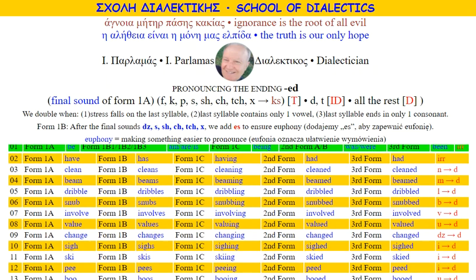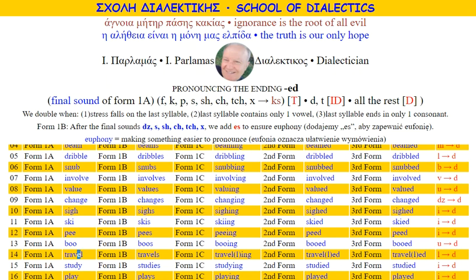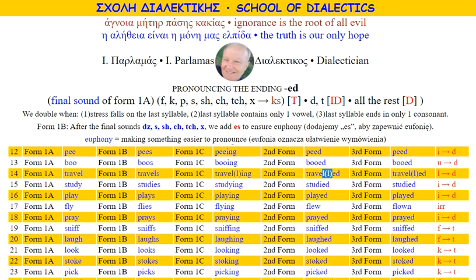So we have a special case because the verb ends in EL. If it did not end in EL, we would not have to double. But when it ends in EL, even though the stress does not fall on the last syllable, we can double it, but only in British English. Okay. All right.